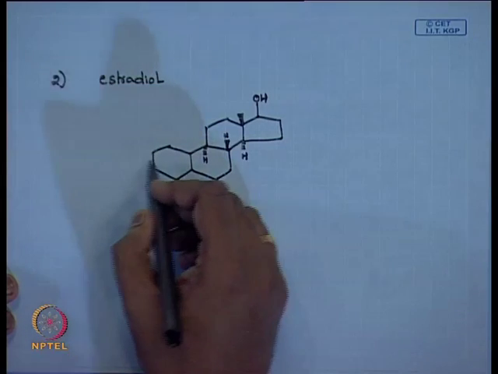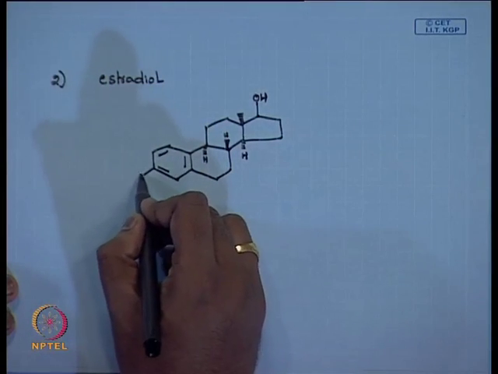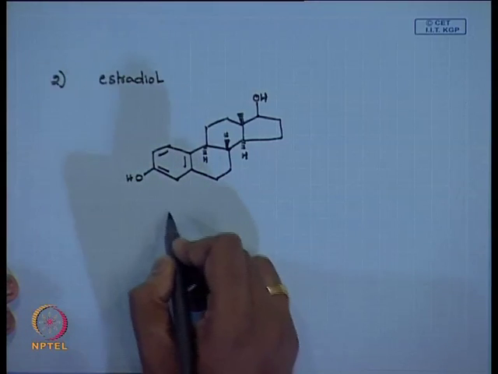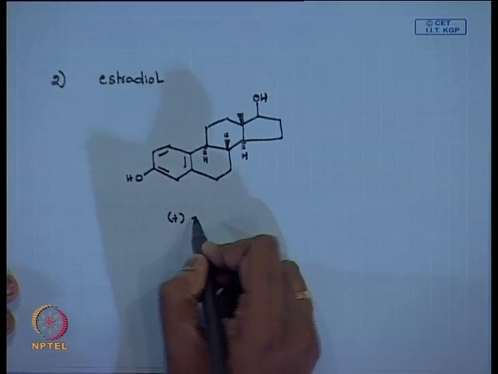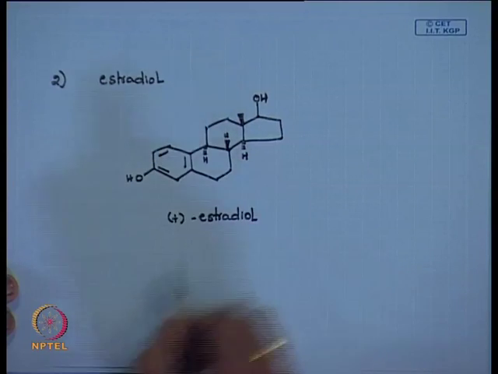This is your estradiol. See, the thing is that it has nice chiral carbon centers, and that is always nice for you. As an organic chemist, you look for chiral centers. Right, this is called plus estradiol, this compound.